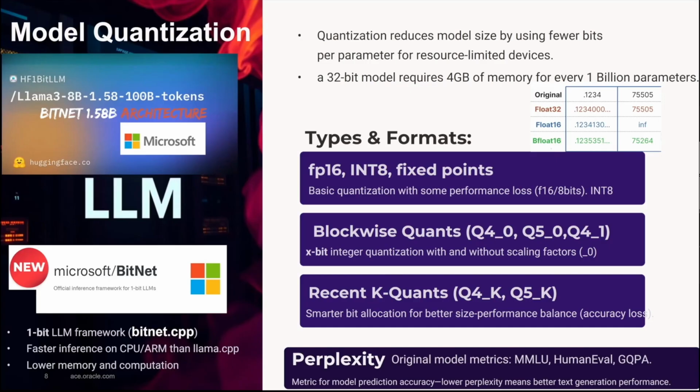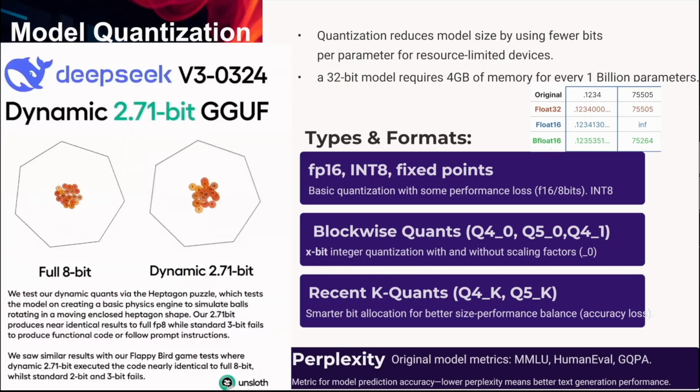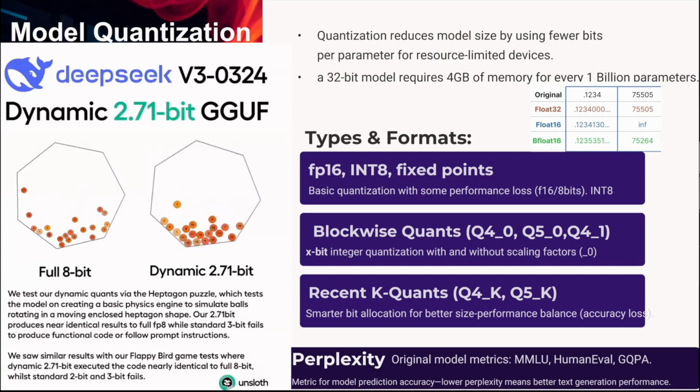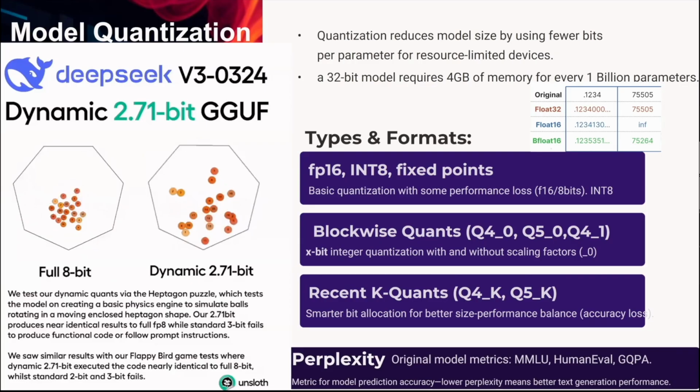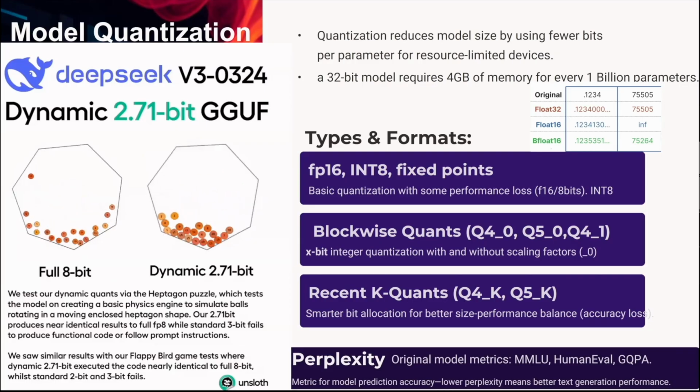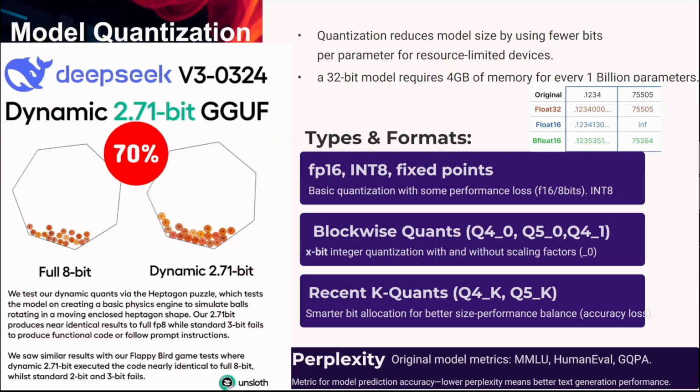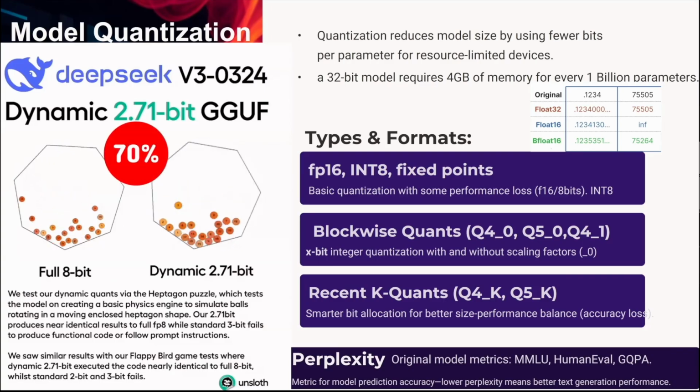But it's not over, because recently with DeepSeek V3, which was released on March 24, a team from Unsloth quantized the model into a dynamic 2.71-bit GGUF quantization. And this allowed them to reduce the size significantly, by more than 70%. The original model, at full 8-bit precision, has 720 gigs.